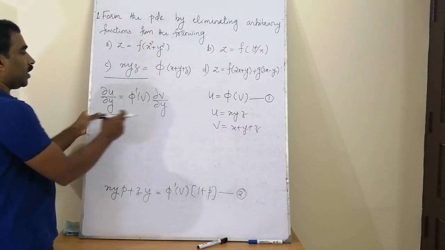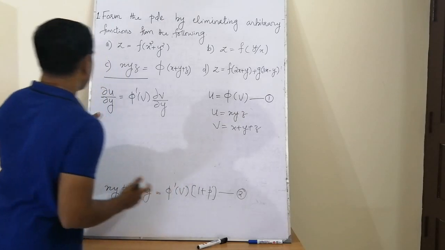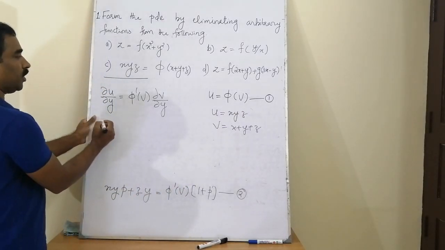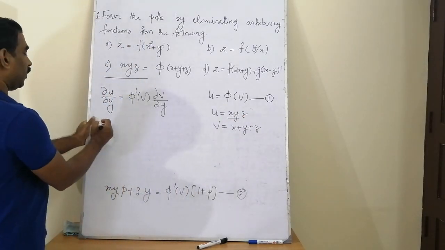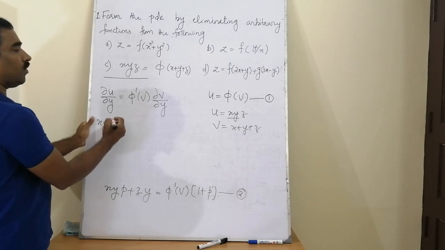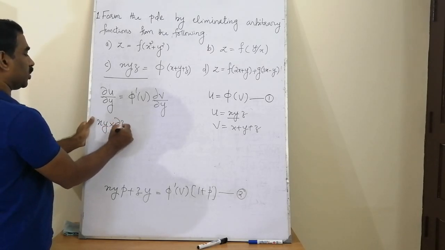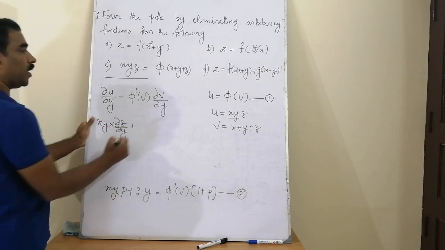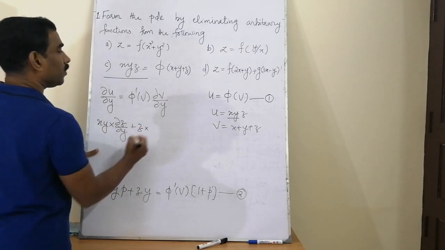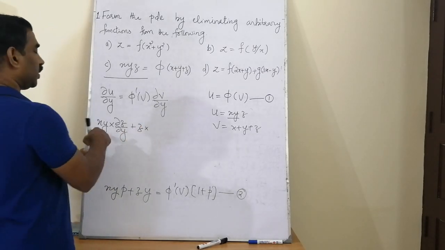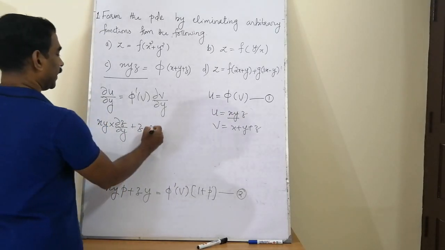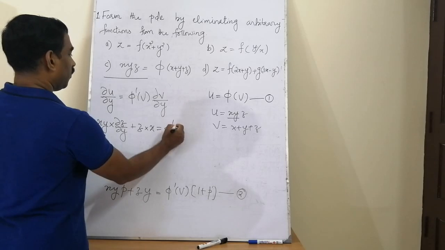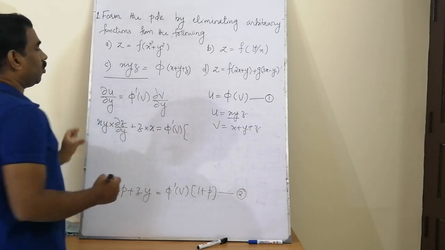Now what is dou u by dou y, where u is equal to xyz? So first function, that means we can take the first function as xy and second as z. So first into derivative of second, that is xy into derivative of z with respect to y, that is dou z by dou y, plus z into derivative of first with respect to y, that is derivative of the xy term with respect to y, that is x, is equal to phi dash of v into dou v by dou y.